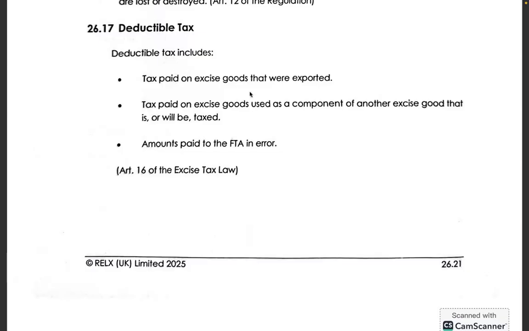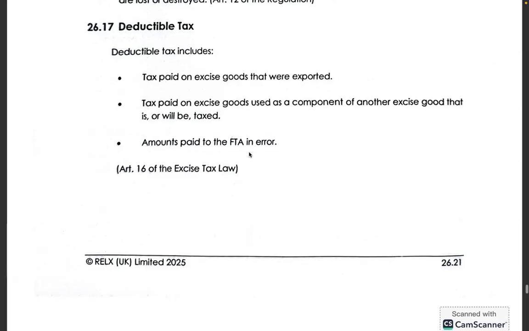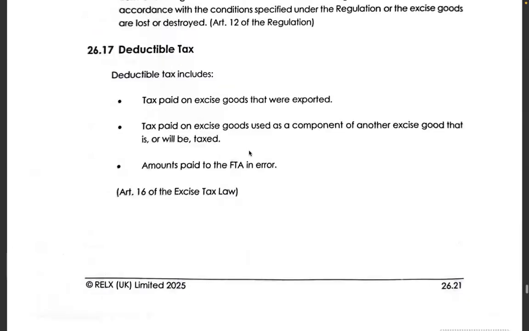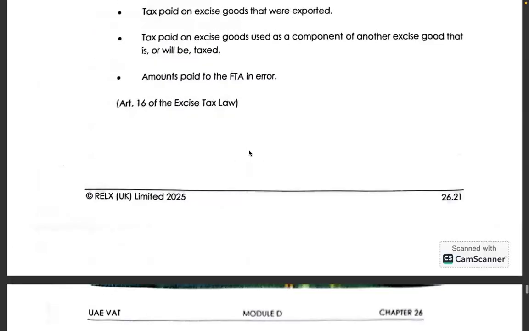Tax paid on excise goods used as a component of another excise good that is or will be taxed. Amounts paid to the FTA in error. So these will be deductible tax.